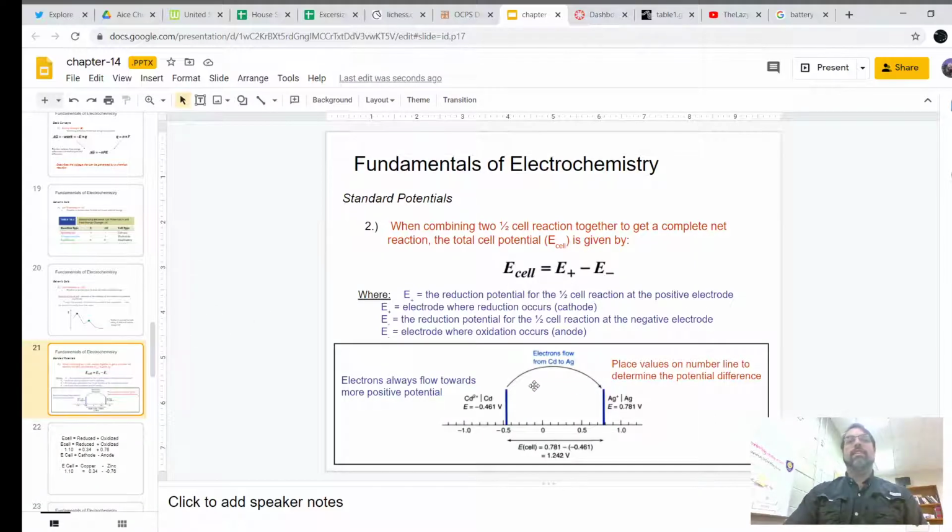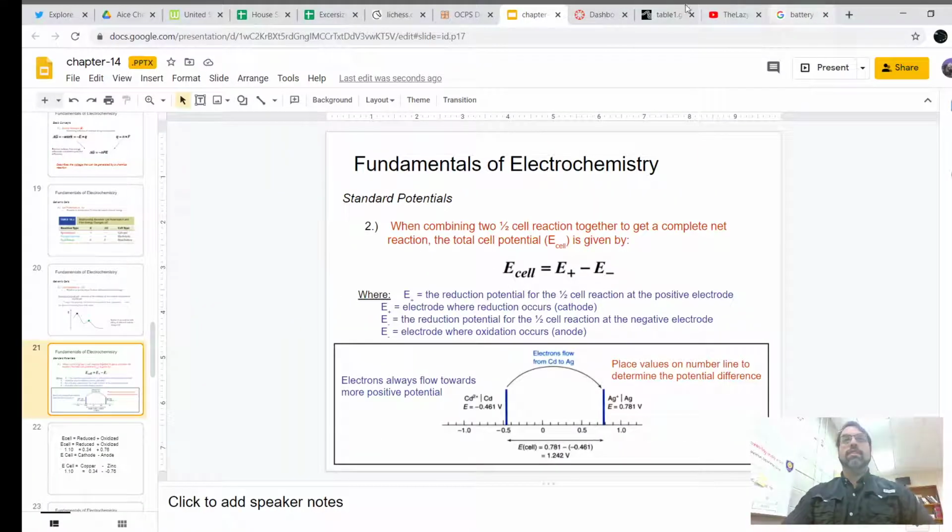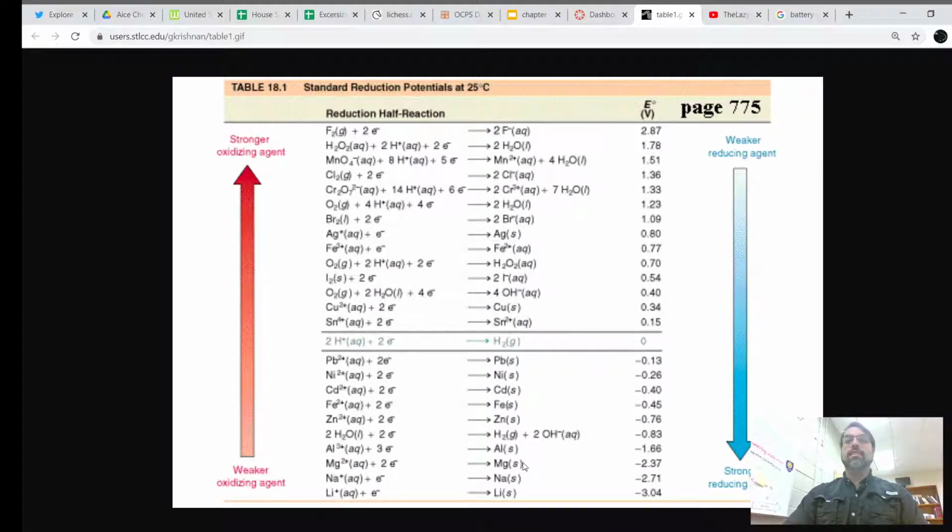One thing I want you to take note of, especially in this graph, is that the bigger the gap, the more the voltage of the cell is going to be. So if we have lithium going to fluorine, that's going to give us the biggest gap.